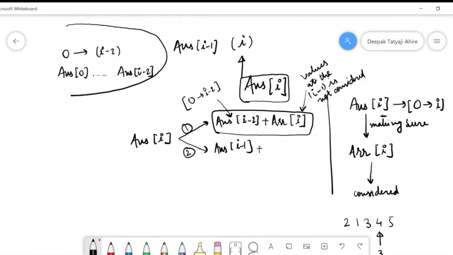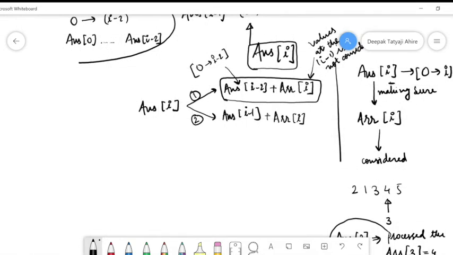I cannot blindly add ARR of I here because while processing ANS of I minus 1, I could have taken the value at ARR of I minus 1, and likewise I would have rejected the ARR of I minus 1.